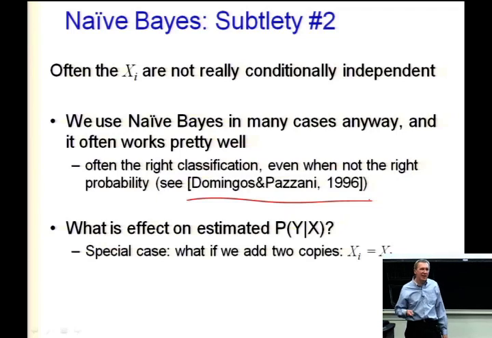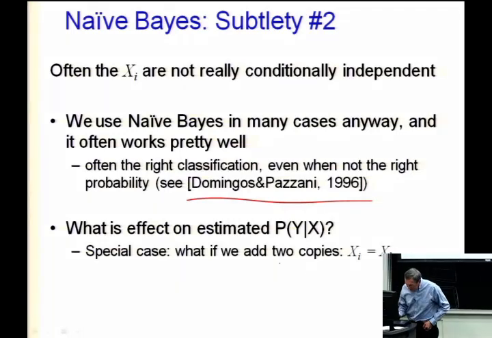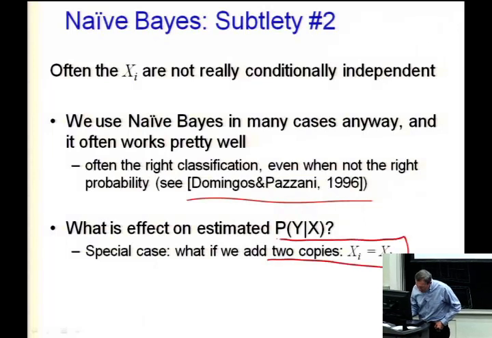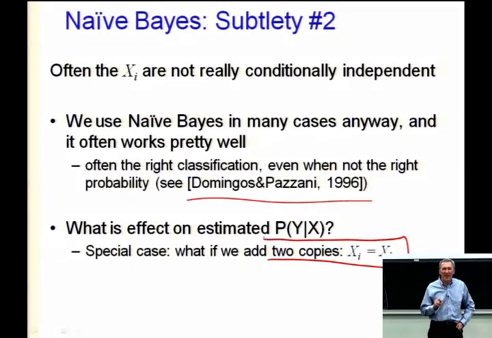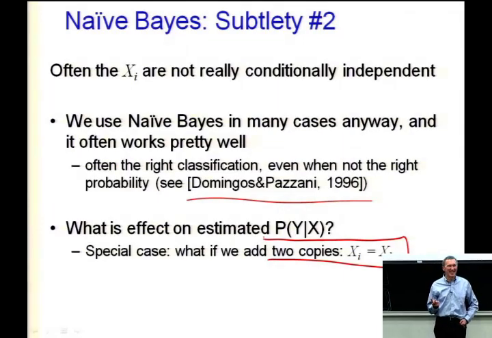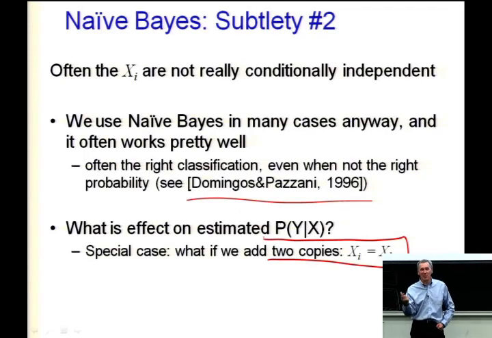And if you think about it, you can kind of see why. In fact, one way to think about it is, what if I have 2 copies of the same variable? Like, what if I had asked you the same question twice and pretended it was an additional variable? That's like the extreme example of not being conditionally independent. It's exactly the same variable, so it's obviously as dependent as it can be.